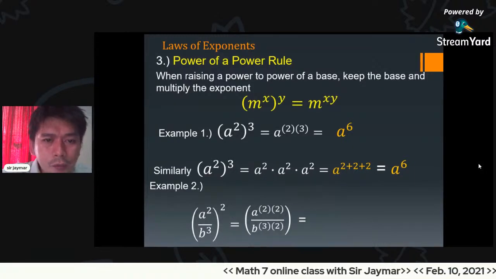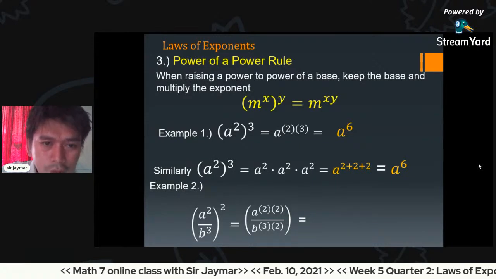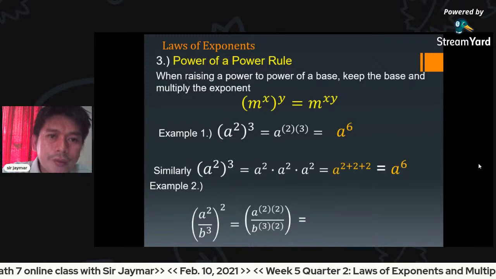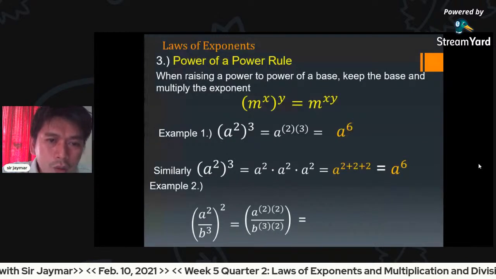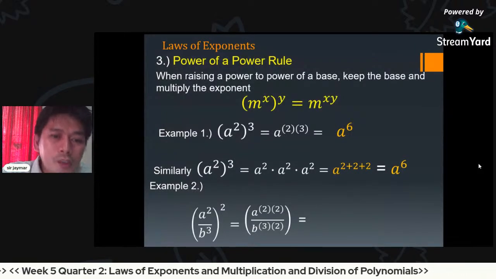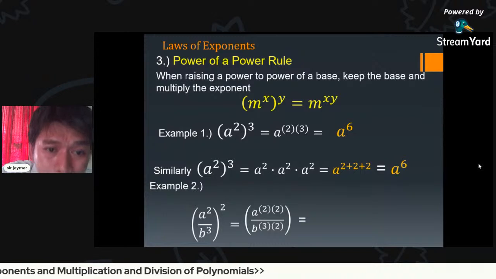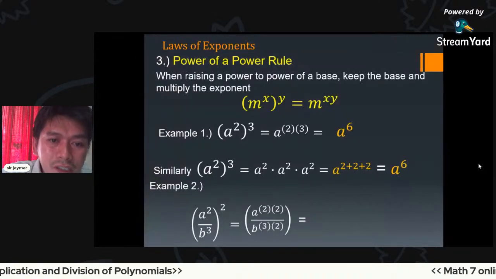Okay, as you have observed in example number 2, it is in the division category. So it has a fraction. Even though it is in a fraction, it is distributed.